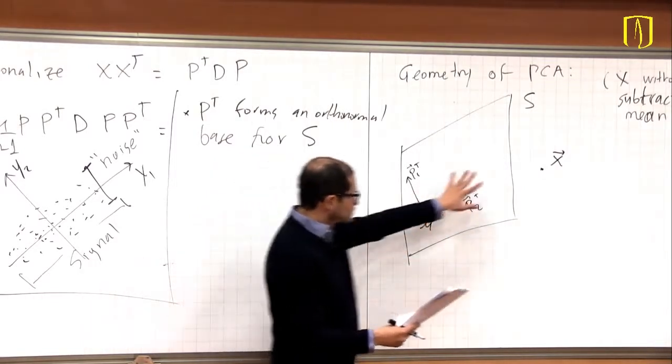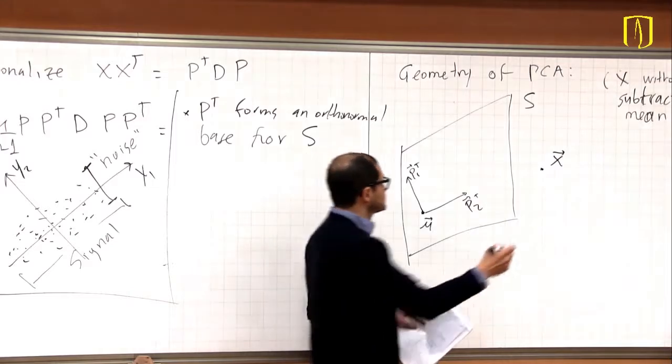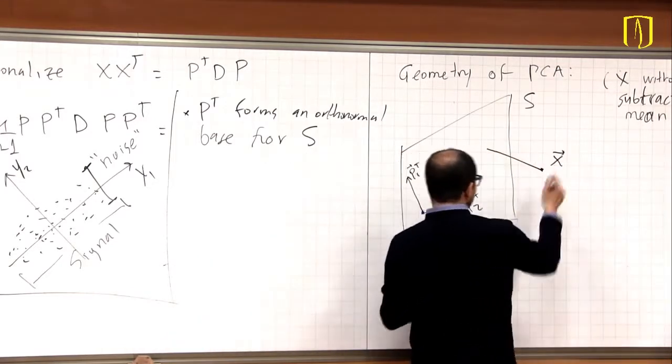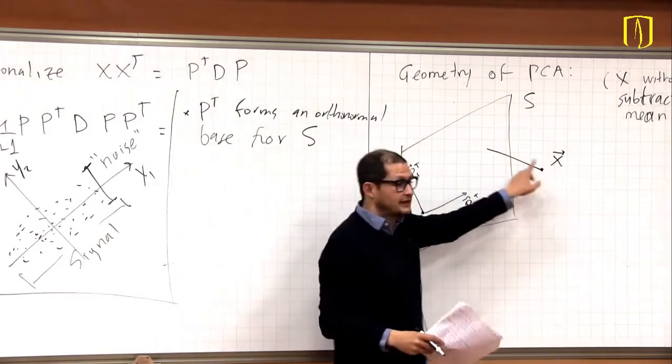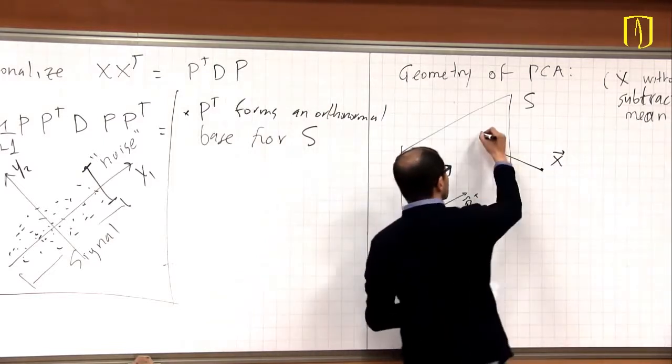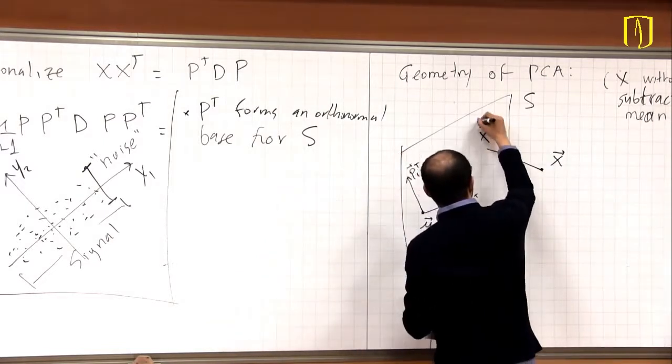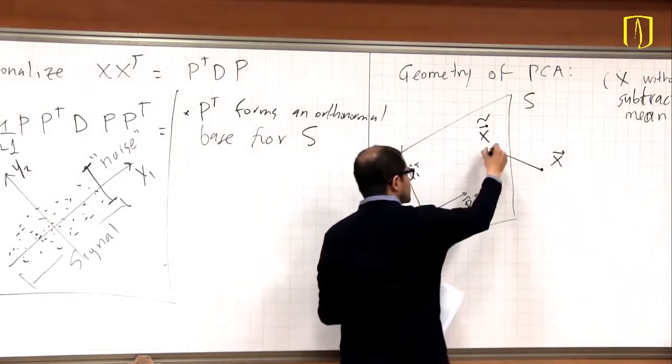So the projection of X onto this subspace is the closest vector to X in this subspace. I'm going to call it X tilde. That's the projection on the plane.